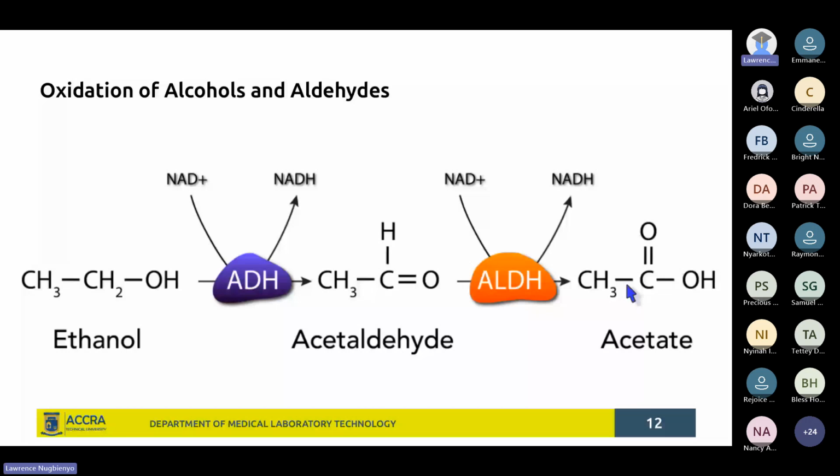And so you see, that is even one of the reasons why persons with diabetes, for instance, are asked to desist from alcohol, because more of these acetates, acetic acid, will be produced. It's just like if you go back to the glycolytic pathway, you realize that you have glucose producing acetyl-CoA.